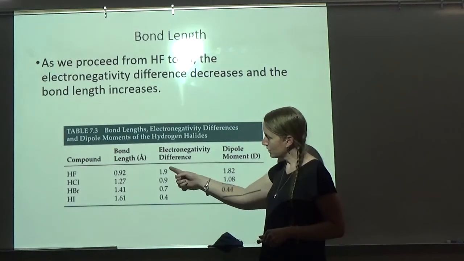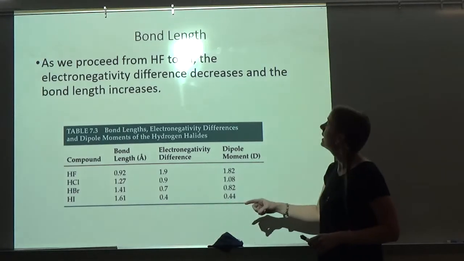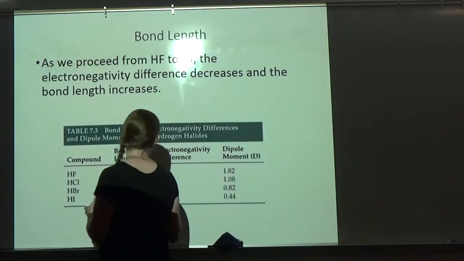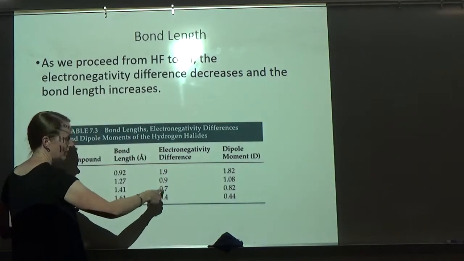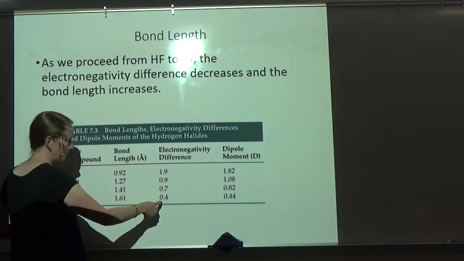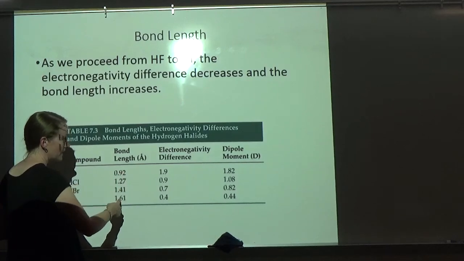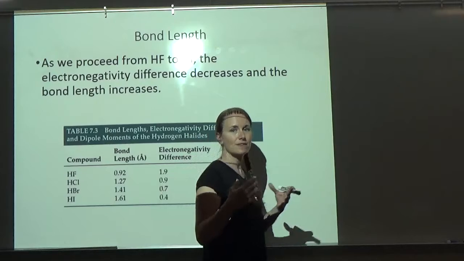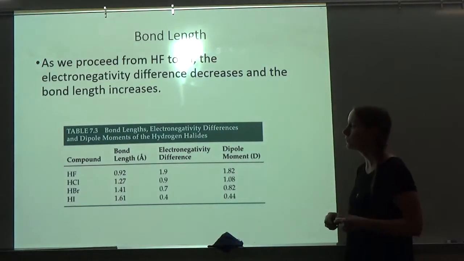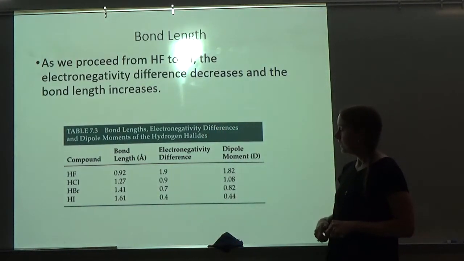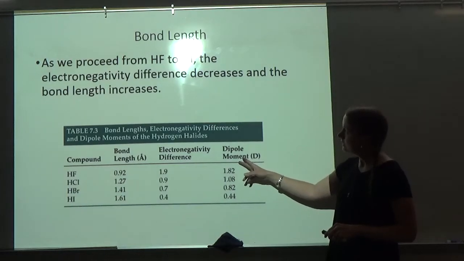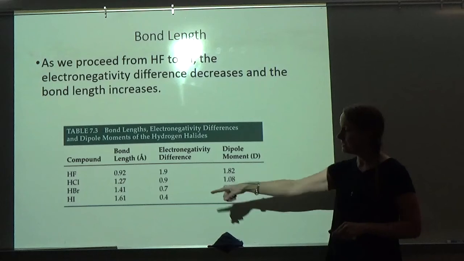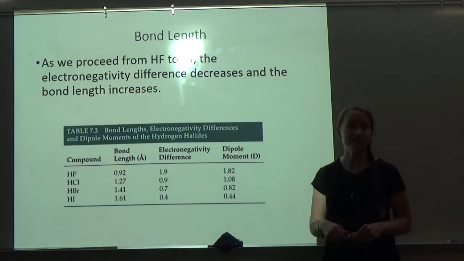You can see the electronegativity difference going down and the bond length going up, because the greater the electronegativity difference, the closer it pulls those two atoms. Our dipole moment also decreases, because that electronegativity difference is decreasing.